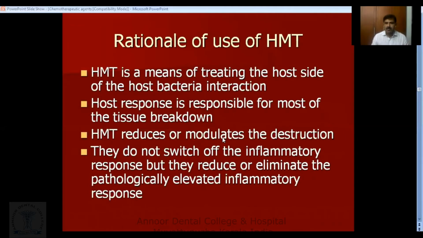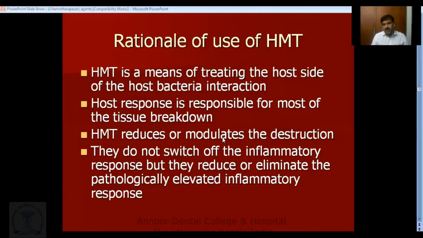So this is the rationale for use of host modulation. You are treating the host side of the host bacterial infection. All of the treatment, the antibiotics that we give and the mechanical debridement that we do, we are treating the bacterial aspect of the disease. But this is the only concept where we are treating the host aspect of the disease. And we now know that it is not the bacteria that is mainly responsible, mostly in aggressive or rapidly progressing types of periodontal disease.